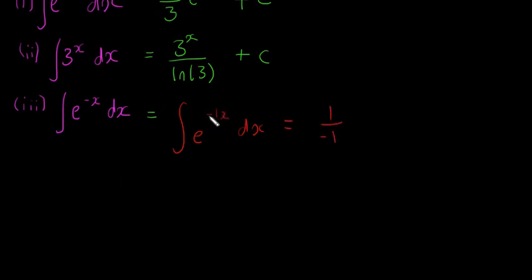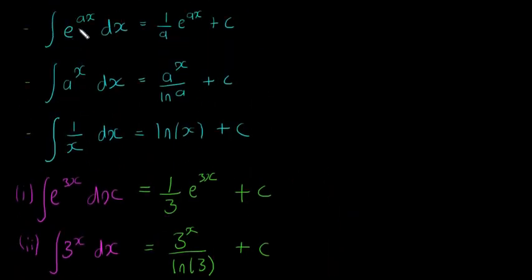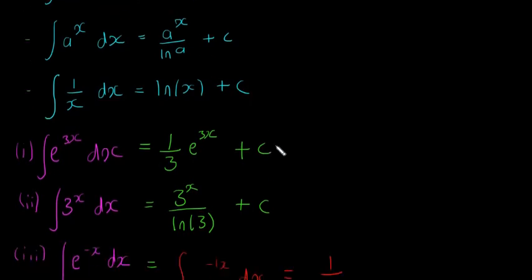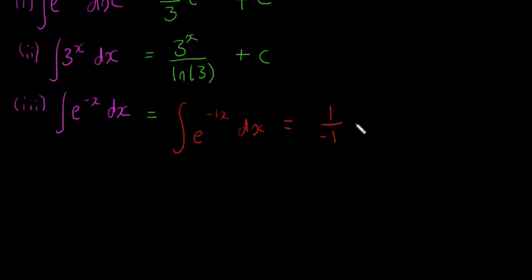Remember, if this is a, so e to the ax, then it's going to be 1 over a, yeah? Is that making sense? You bring the a down, and in this case, a is just minus 1. So e to the minus 1x plus c. Basically our answer is going to be minus e to the minus x plus c, because 1 over minus 1 is just minus 1, so we can leave it at the front. Does that all make sense?